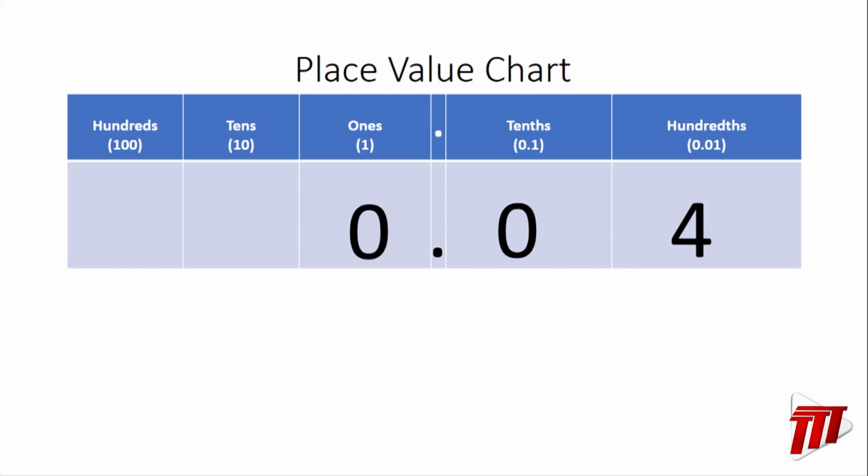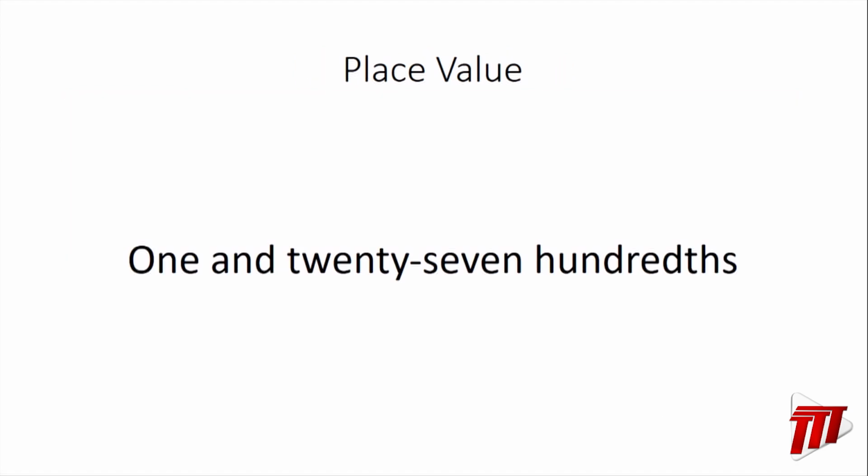Our 4 is in the hundredths column. Its value is represented as 4 multiplied by 1/100 as a decimal fraction, and that yields a product of 4/100 expressed as a decimal fraction.